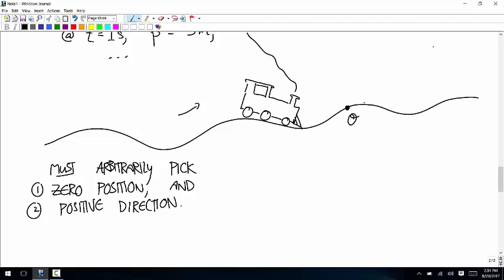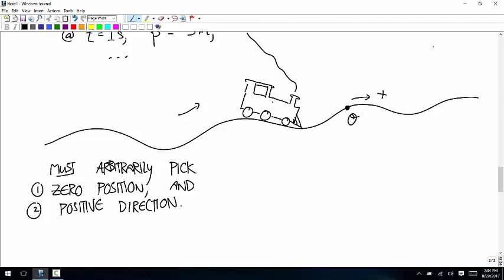And then let's say our positive direction is along the tracks this way. So if this direction is positive, that means that direction is negative. And now that we've defined the zero position and the positive direction, we can measure using a meter stick where the train is in comparison to that zero.